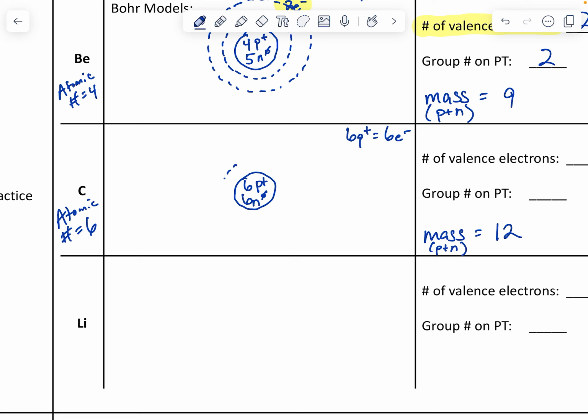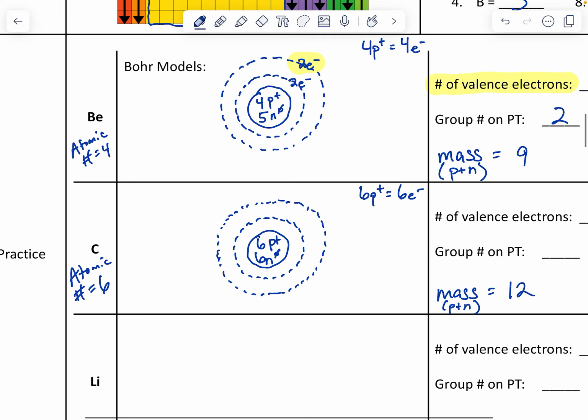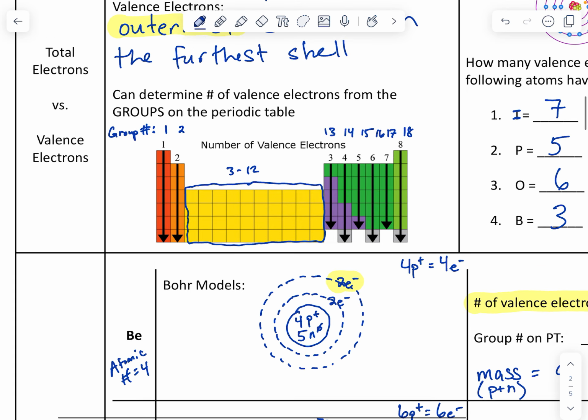Well, carbon is, again, just like beryllium, in the second period, in the second row. And so that means that we should have 2 energy shells, 2 energy levels where these electrons are going to exist.